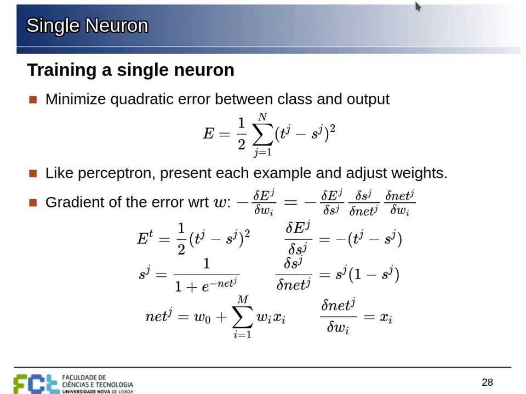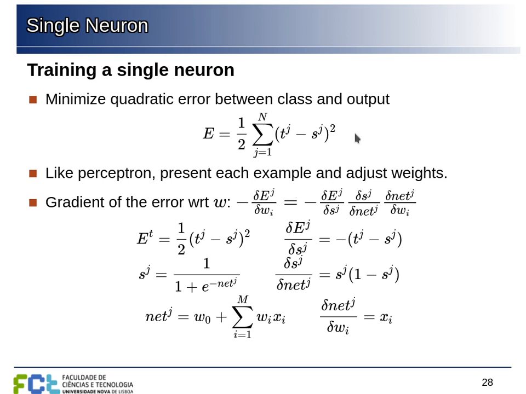So to train a single neuron by backpropagation, let's suppose we have a simple error function, which is, for example, the quadratic error between the target class and the output. This is not a very good error function for classification, but it's simple enough so that we don't have many complicated expressions here, and it's easier to illustrate the idea.